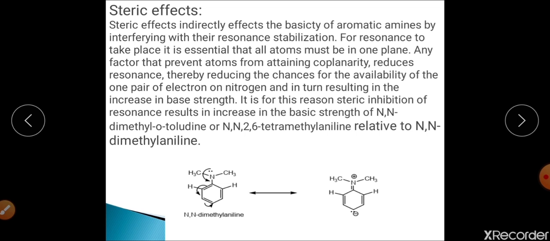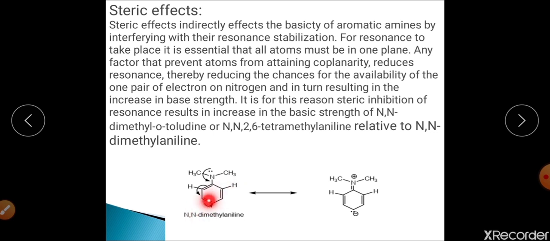If more groups are attached on this particular system, they will change the symmetry of the orbital, and because of that reason the electrons are not easily available for delocalization, and they will inhibit the resonance, and this effect is called the steric inhibition of the resonance.